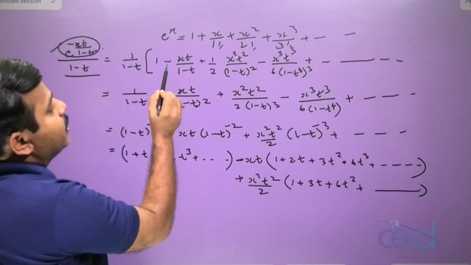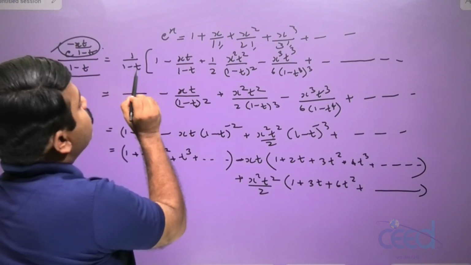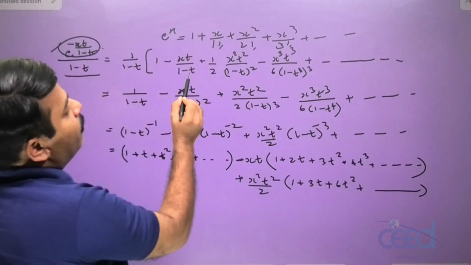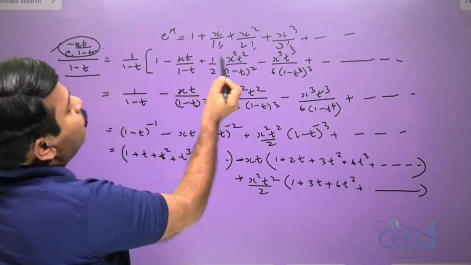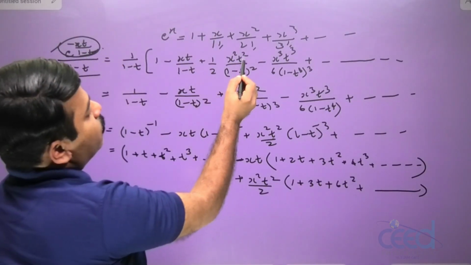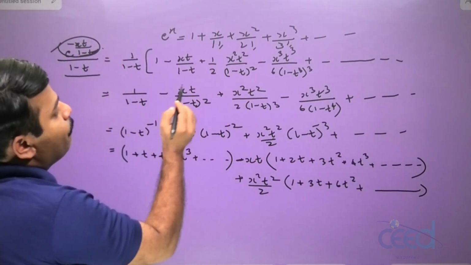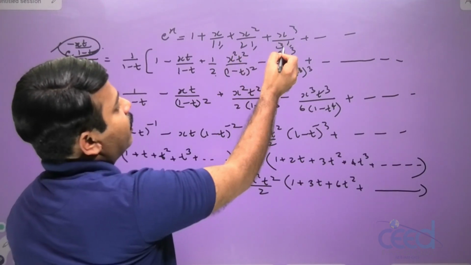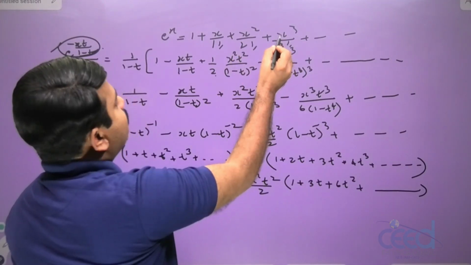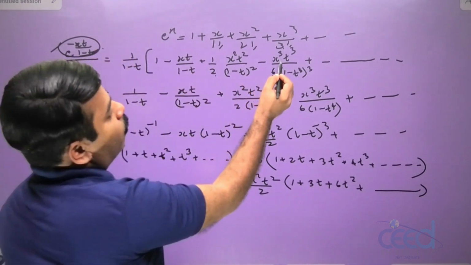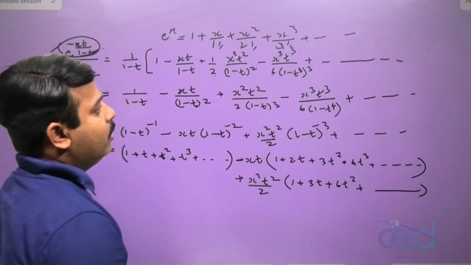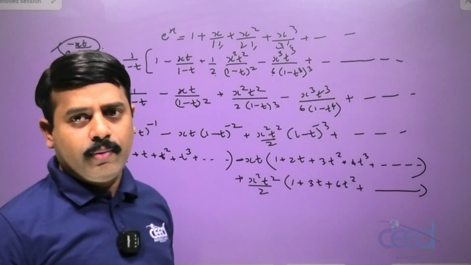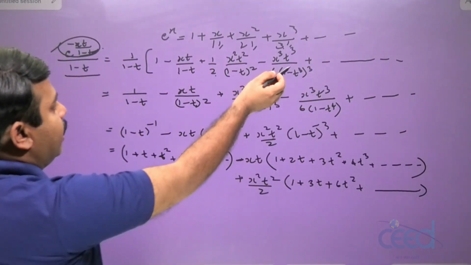Then 1 by 1 minus t into 1 minus xt by 1 minus t plus 1 by 2 into the square of this part, that is x square t square by 1 minus t square into 2 factorial, which is 2, and again 3 factorial is 6, but this minus xt by 1 minus t whole cube, that is x cube t cube by 1 minus t whole cube, right, plus etc. So expanded like this.